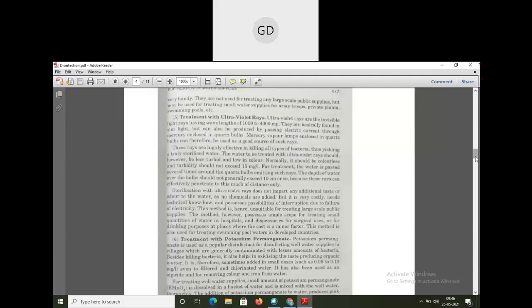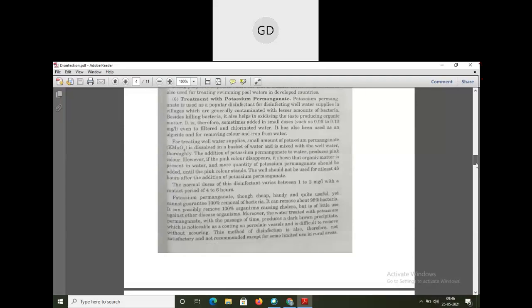The next one is treatment with potassium permanganate. I think in everyone's house, while cleaning the wells, we use this potassium permanganate. It is a popular disinfectant for cleaning or disinfecting well waters.